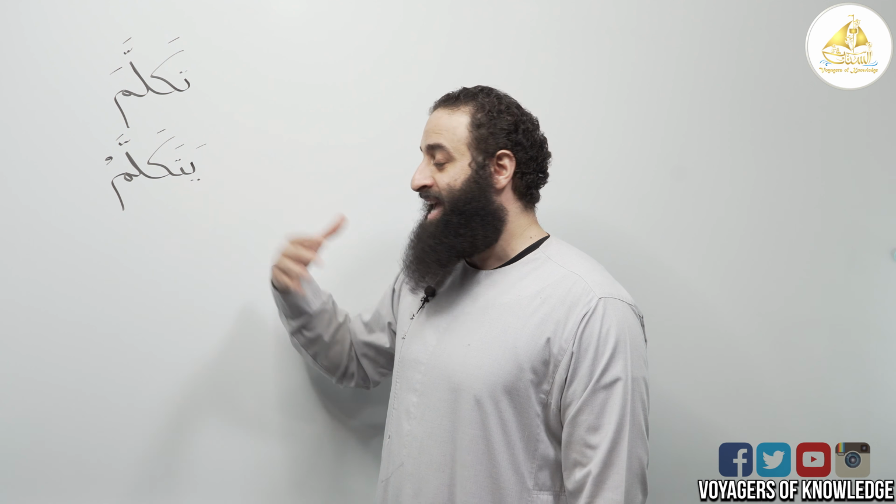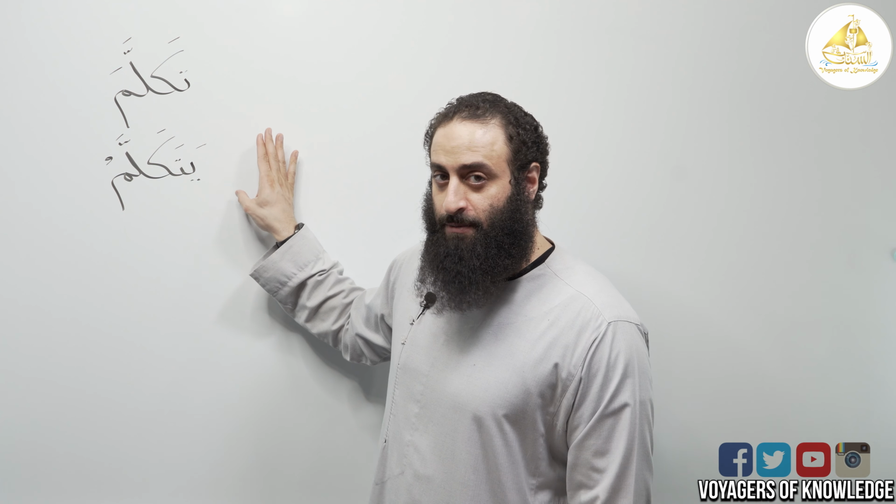I spoke to you. تكلمت معك. Give it a try. تكلمت معه. I spoke with him. تكلمت معهم. I spoke with them. أتكلم, I said because it's for I. You've not taken مضارع, but just remember it as is. أتكلم معك.